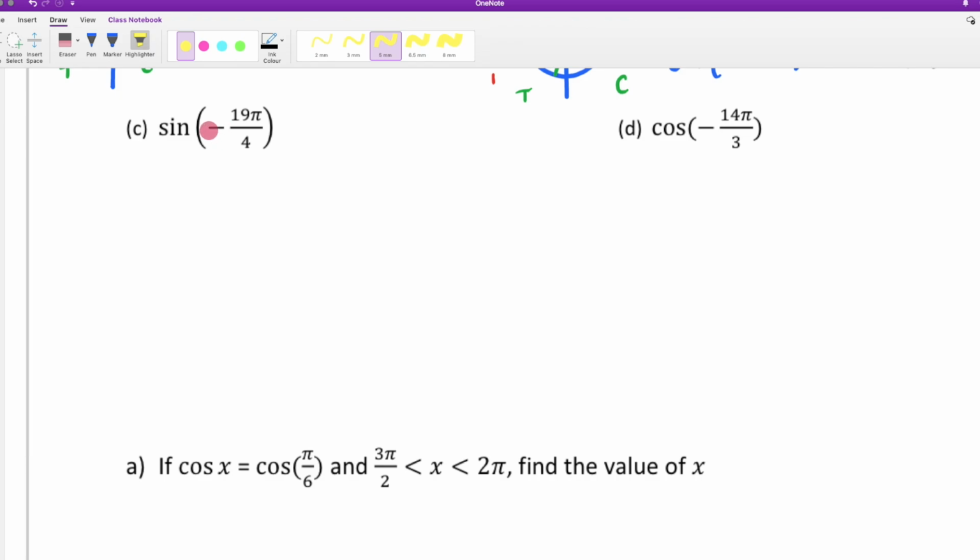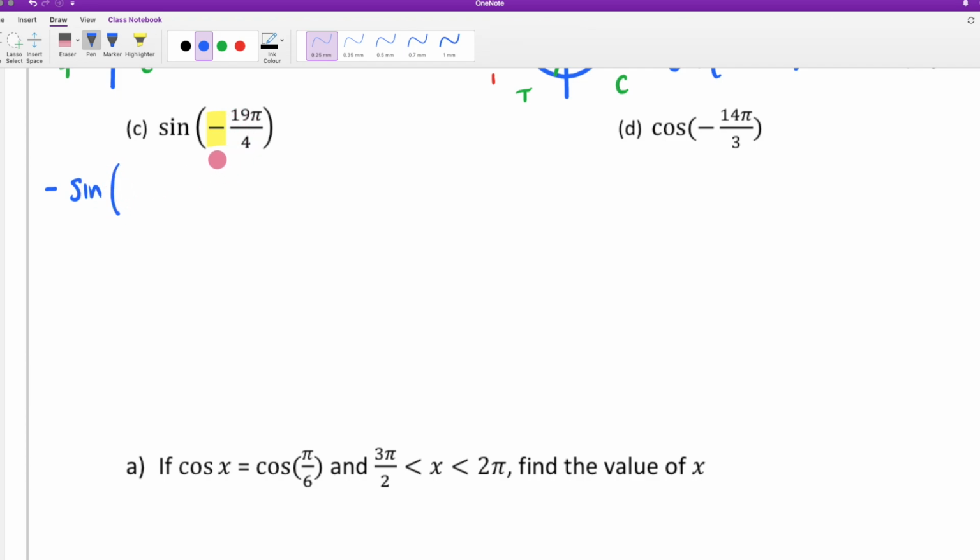But before we do that, let's deal with this negative. What I'm going to do with this negative is take advantage of another symmetry law that we know. And this one has to do with when we see a negative as our angle. So whenever we see a negative in a sine, we can take that negative simply out to the front. So I'm going to rewrite this as negative sine. Then I can break this up.